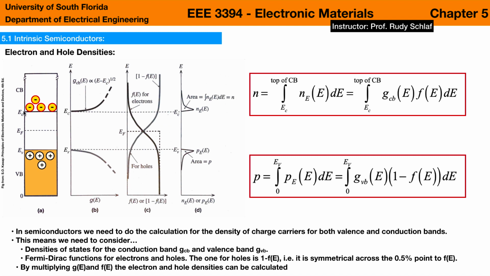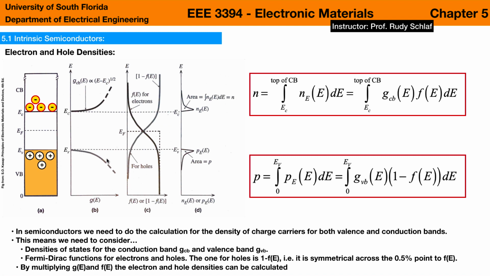We are integrating from the bottom of the conduction band EC to the top of the band, but the rest looks identical to the situation in the metal that we just saw on the previous slide. We simply multiply the density with the Fermi-Dirac function and then take the integral to get the density of electrons.